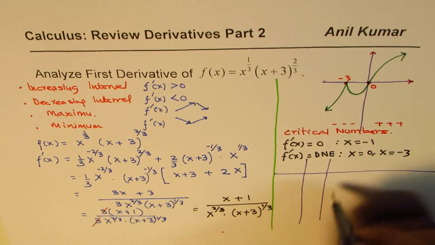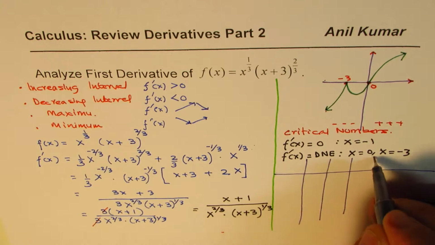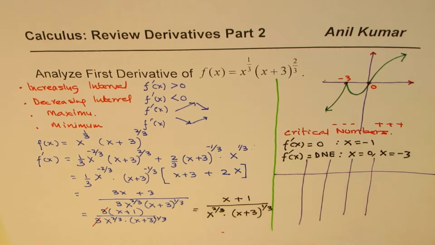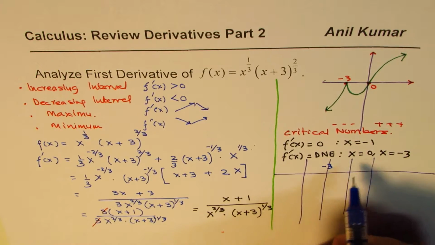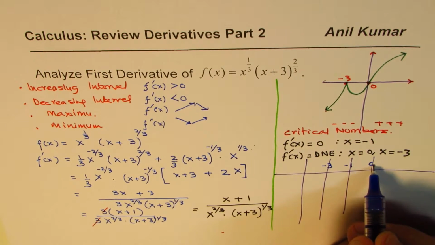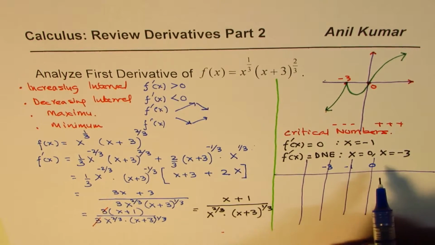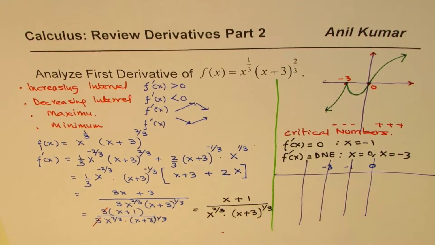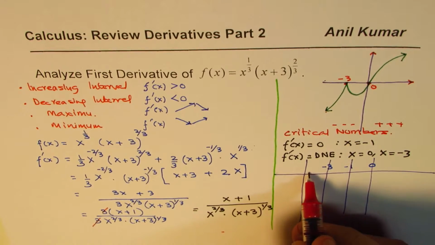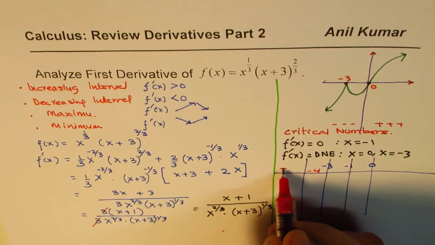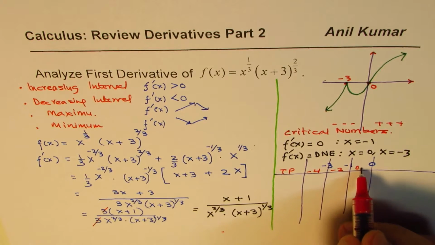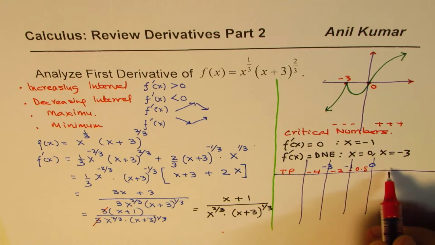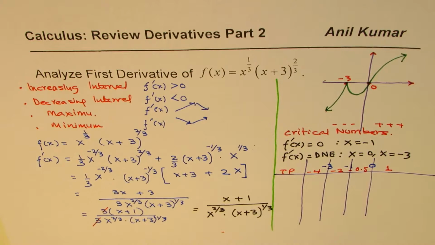We'll write them in order: x equals minus 3, x equals minus 1, and x equals 0. These are the 3 points which we are going to analyze. And we'll take test points in these intervals. It could be minus 4. These are the test points for us. In this interval, minus 2, then minus 0.5, and in this interval, we'll take 1 as the point, correct?